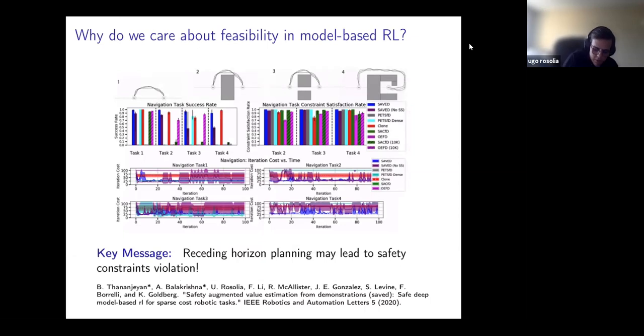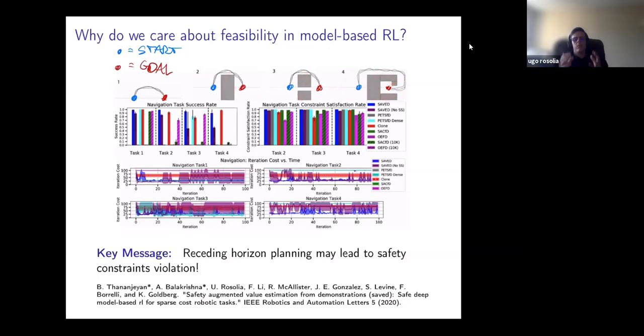And in their examples, they were solving a problem which is very similar to the problem that we are looking at. So they had a starting state and a goal state. And in this set of examples, they wanted to drive the system from a starting state to a goal state while avoiding some obstacles.